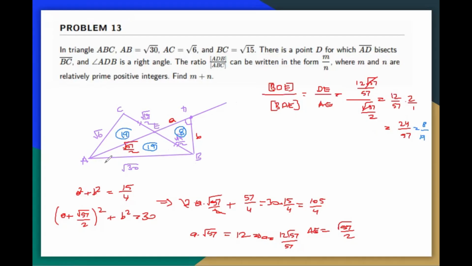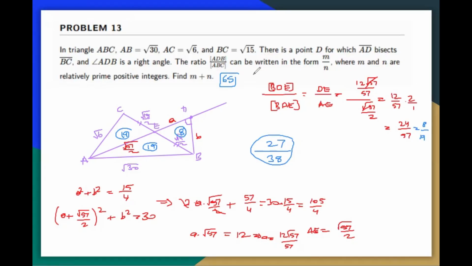So we have ADB, which is 8 plus 19, which is 27, over ABC, which is 2 of those 19s, which is 38. These are already simplified, so we should add these two numbers, right? So we get 65 as our answer.